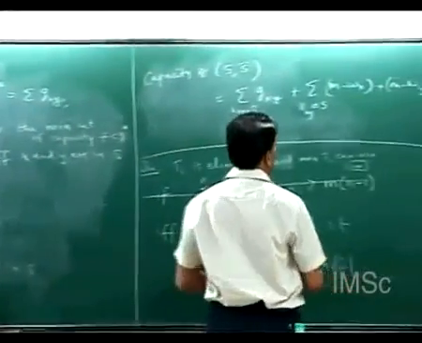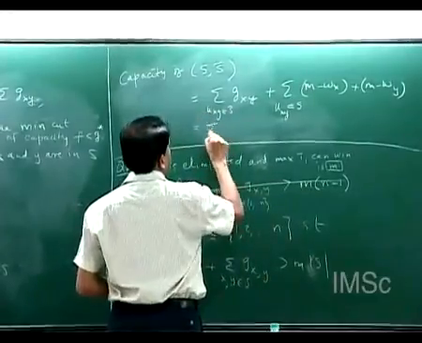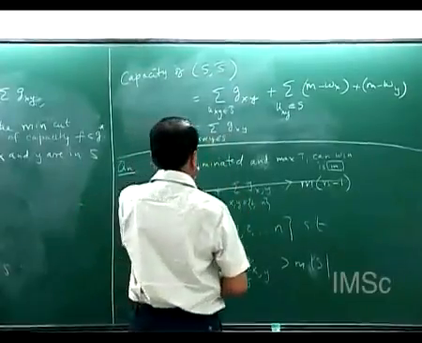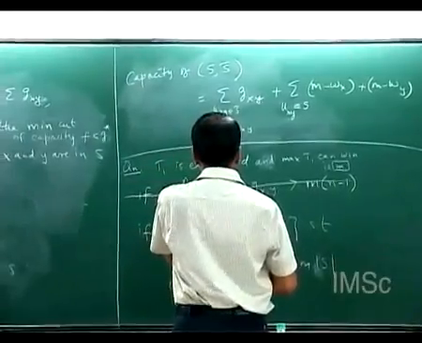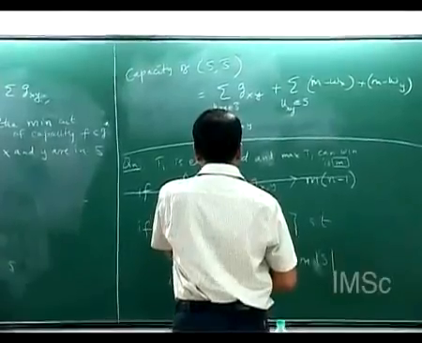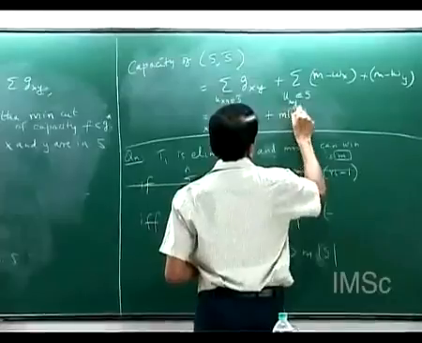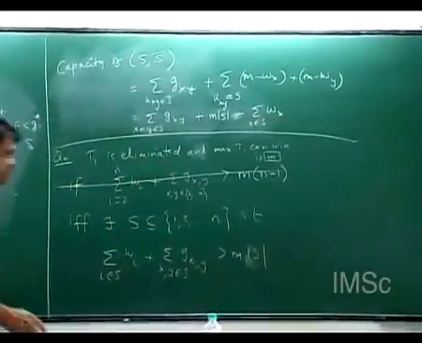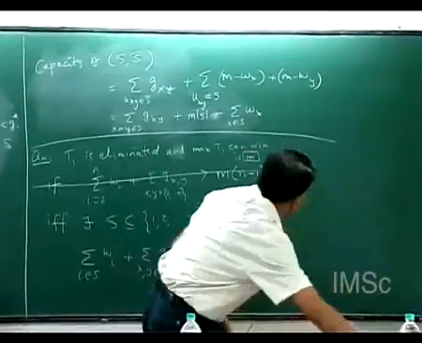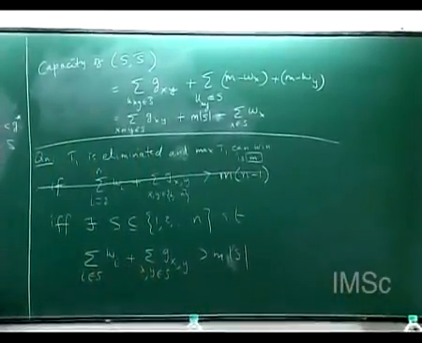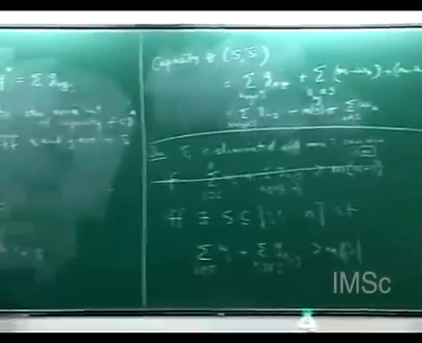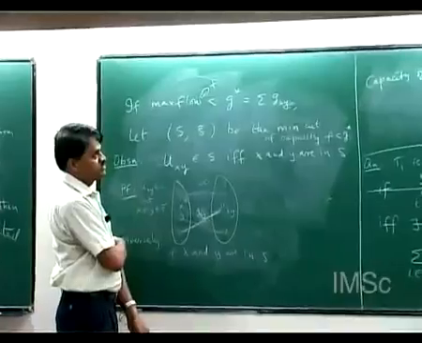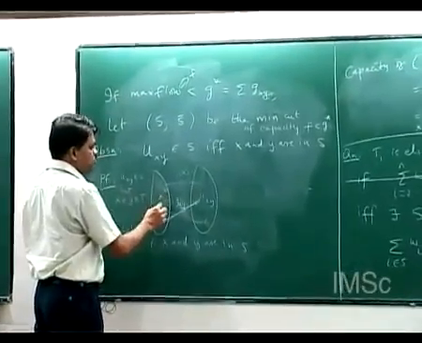So, let me write this as summation gxy, x or y is in S bar, plus m times the cardinality of S minus summation wx, x in S. Now, one thing I have to make clear: this S contains what nodes, of the form x, y and uxy.